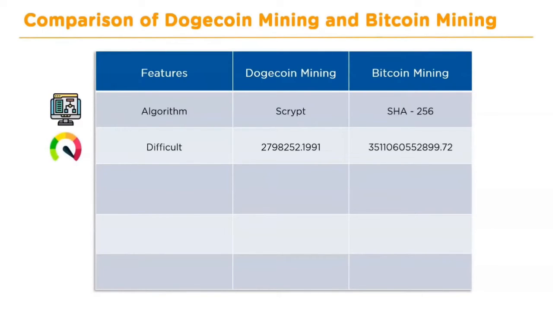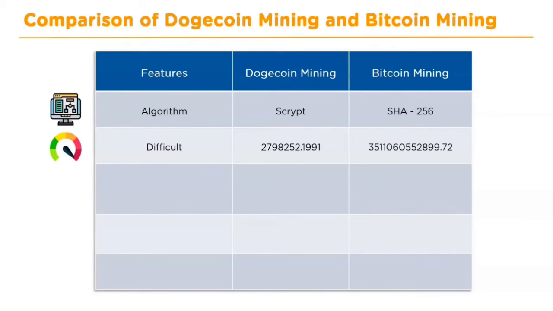Second is difficulty. This represents the complexities and challenges faced by miners to mine each block of the blockchain of any cryptocurrency. In difficulty, Dogecoin is 2,798,252.